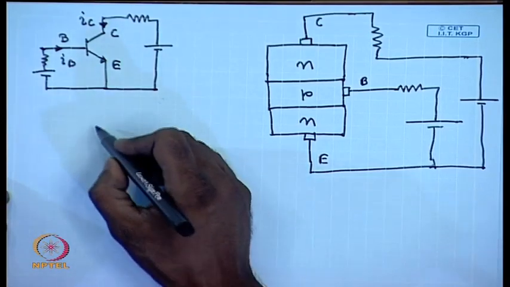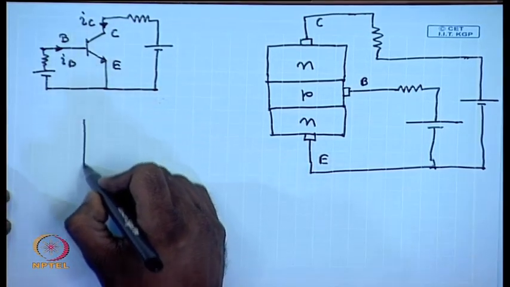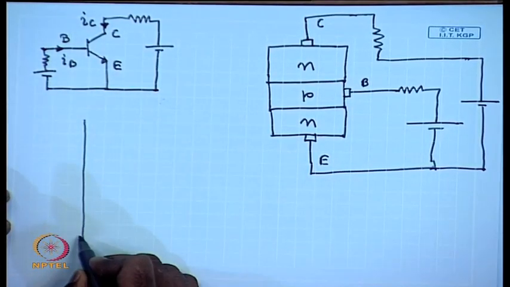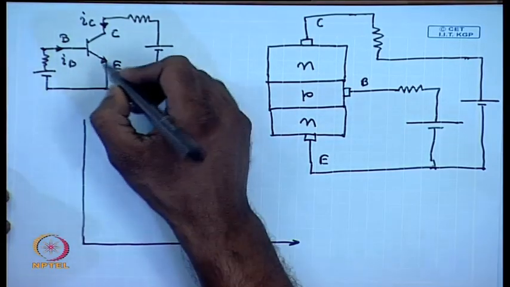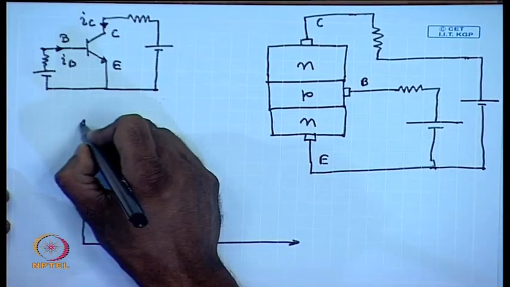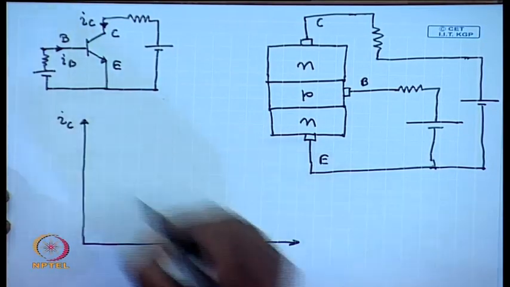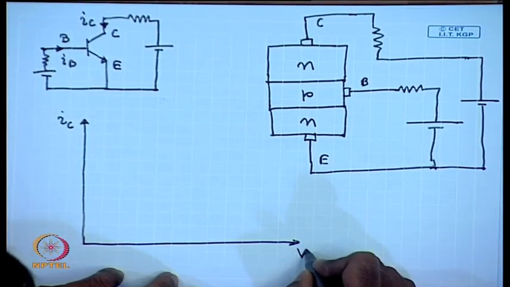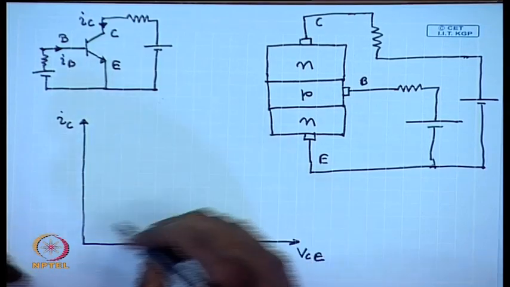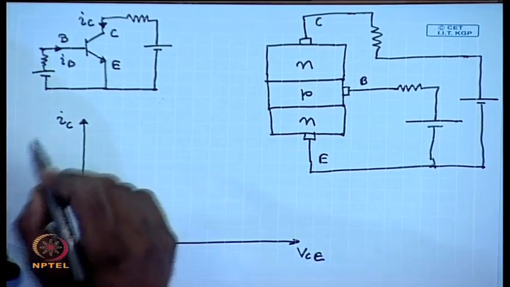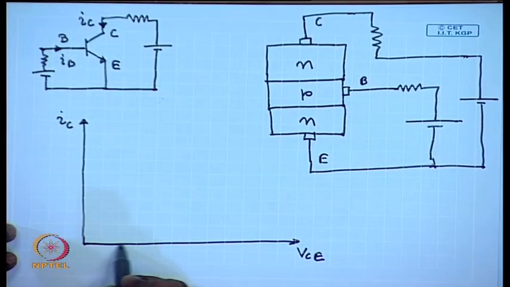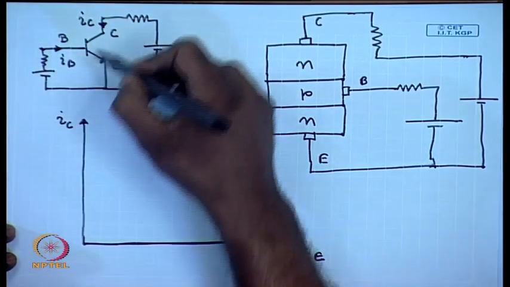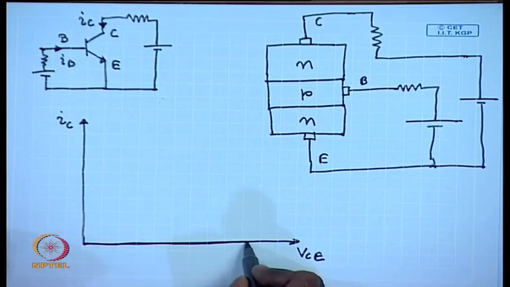The characteristics of this is also known. If we plot IC versus VCE, when there is no base current applied, the collector current is 0. So, this transistor behaves like an off switch.